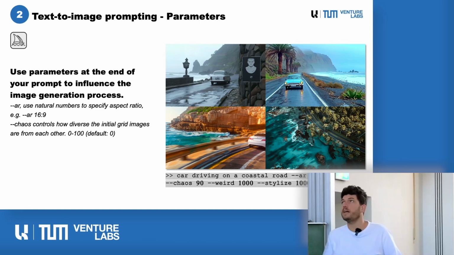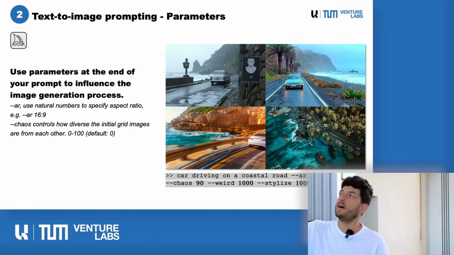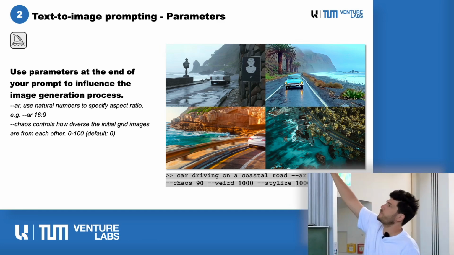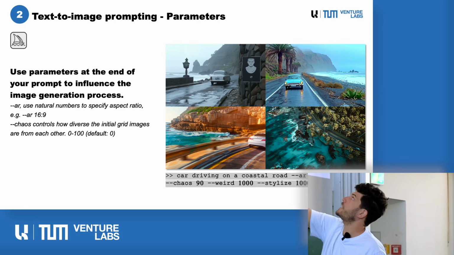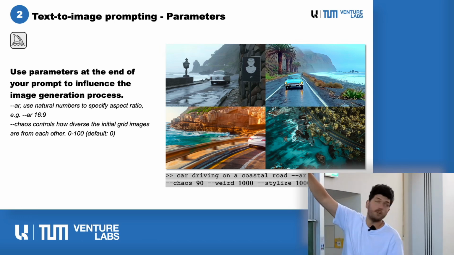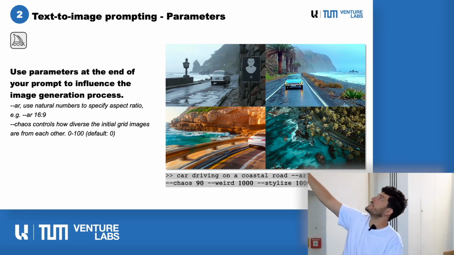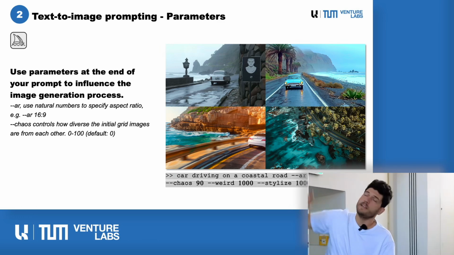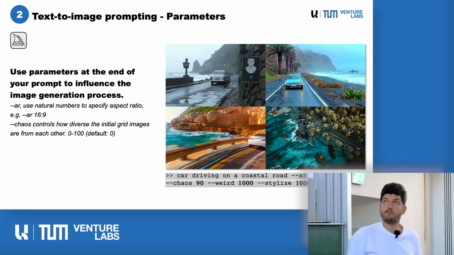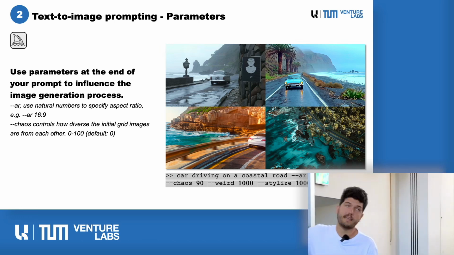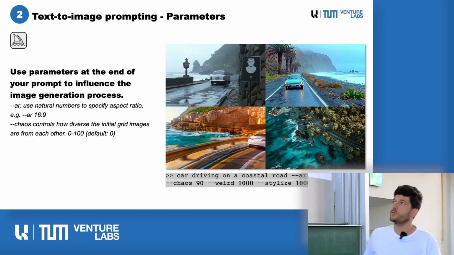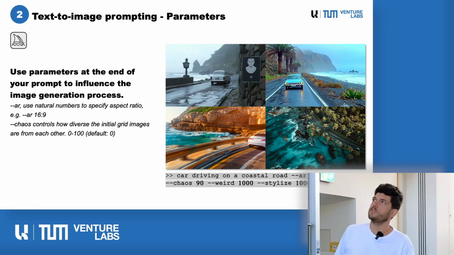So if you have no idea what you want to have, then set it to a high value and you get very different things. For example, here Chaos is 90 and you see those 4 images look very different from each other. If now you say, okay, I want exactly pictures like the upper one, then you probably want to rewrite the prompt like the upper one and set the chaos very low, so you only do some fine adjustments to what you have.